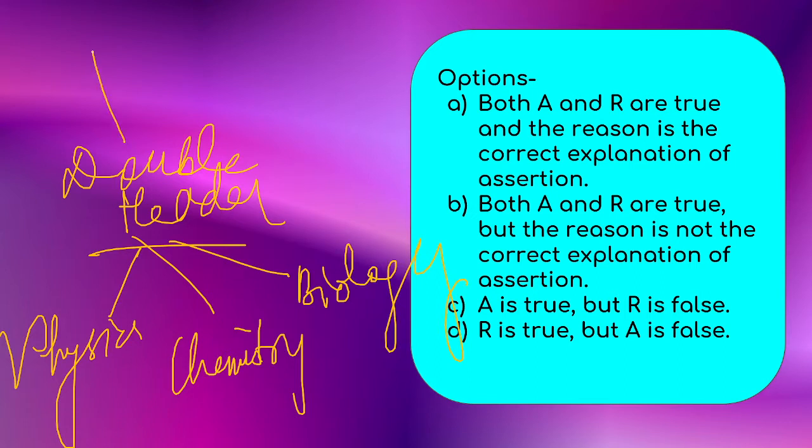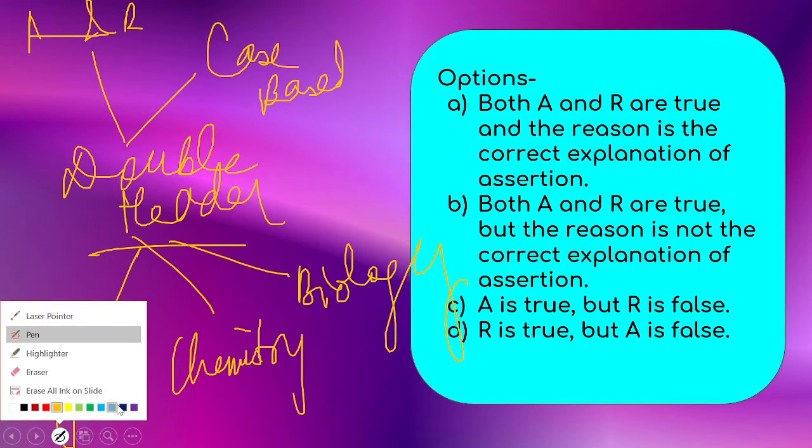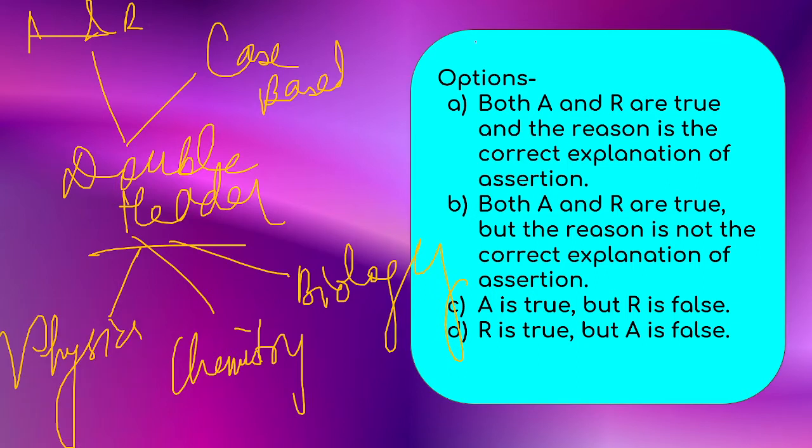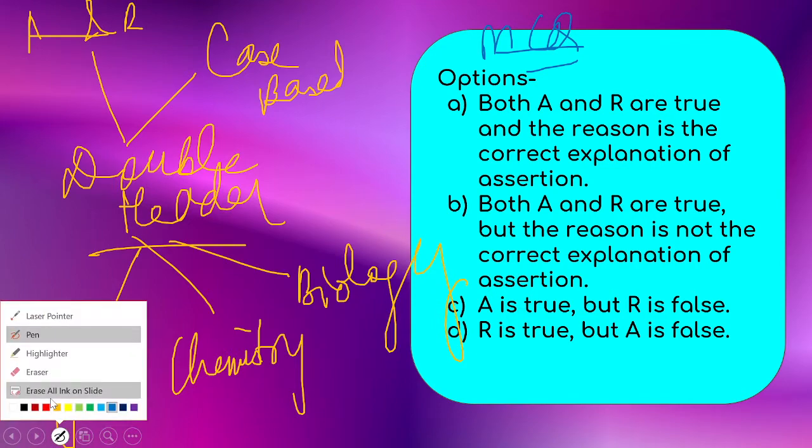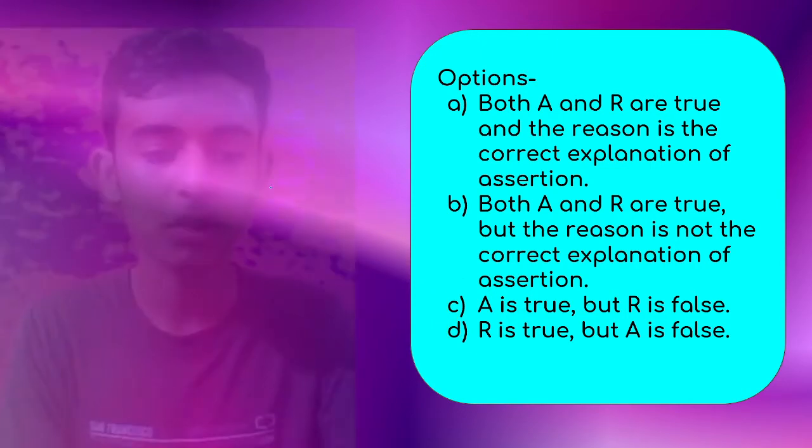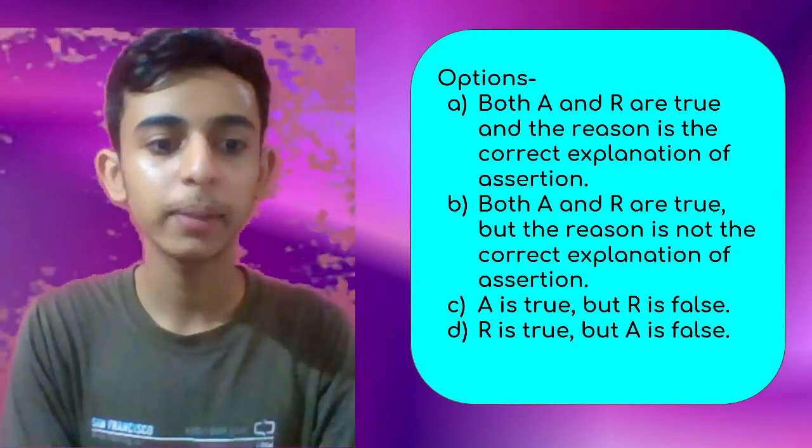Two important types of questions for term 1 we will be doing: assertion and reasoning and case based. All the important questions. And as you know, the MCQ series is there for physics and chemistry. Probably I wouldn't be able to teach chemistry, so I will make all these MCQs for the revision of your chapter. Okay, everyone.